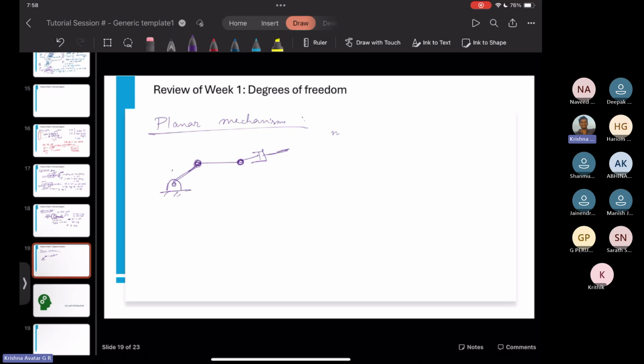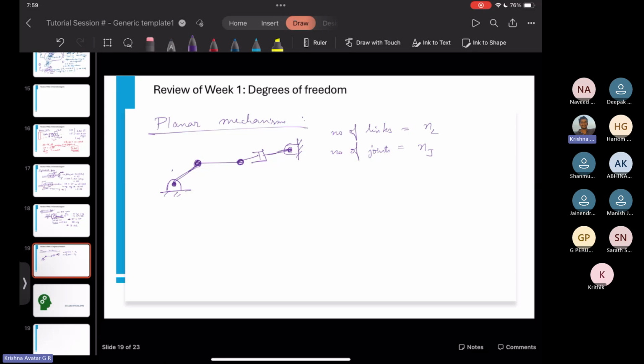If the number of links is equal to NL, the number of joints, these are joints, this is a joint, so 1, 2, 3, and there is this prism joint, joints is equal to Nj, this one has something like some fixed thing again.